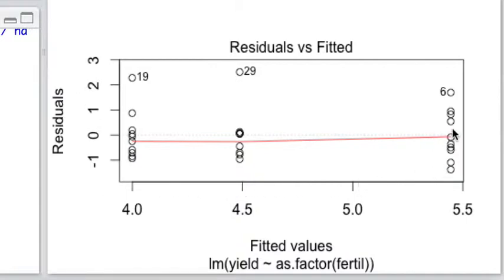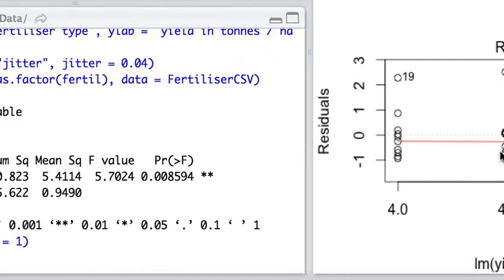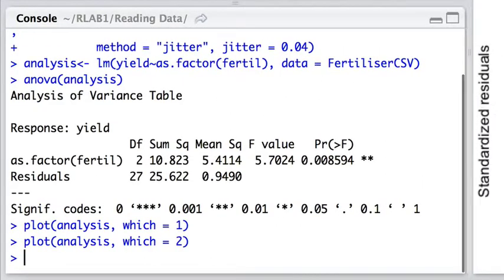These are the predicted values of yield for each of these different cases, and what we can see here is that the overall variance is relatively homogeneous for all levels of those fitted values. Now, that's one assumption.